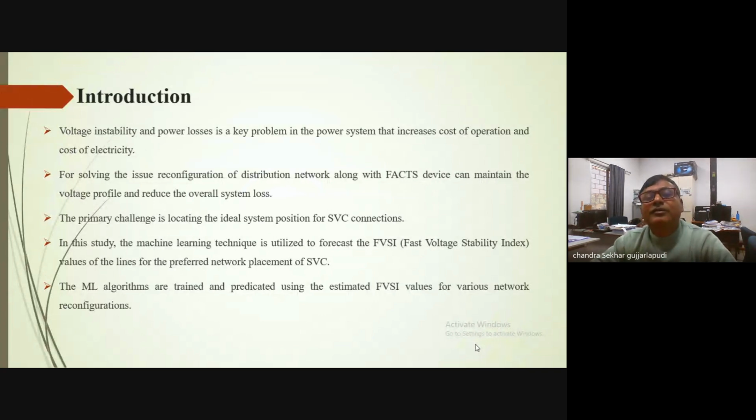Now for this purpose, we have utilized the FVSI indicator, fast voltage stability index, which can give us information about the location of the line, from which we can draw some conclusion about the connectivity of the SVC locations.